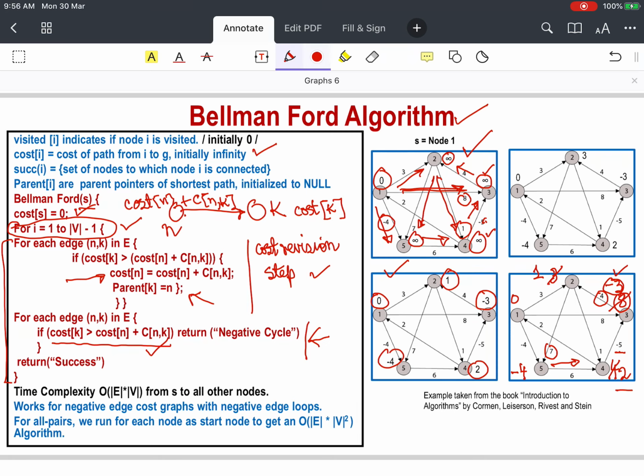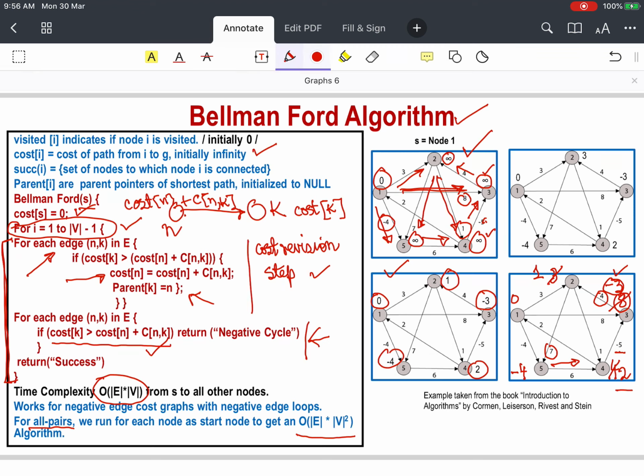The cost of this, given a start node to all other nodes, is of order E into V, because we are doing an iteration over V nodes, and in each iteration we are checking every edge once. And if we are to repeat it for all pairs, then we will get order E into V squared.